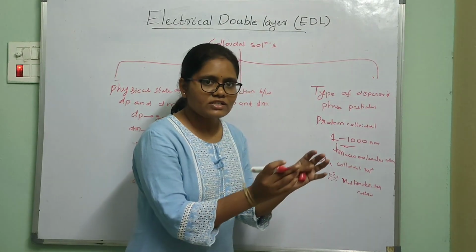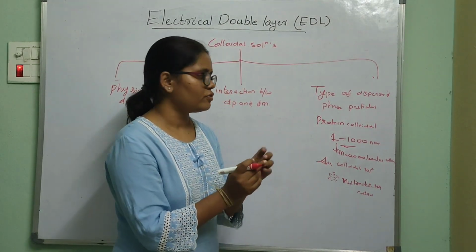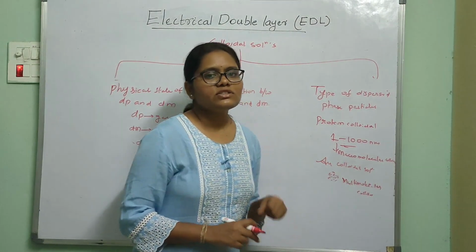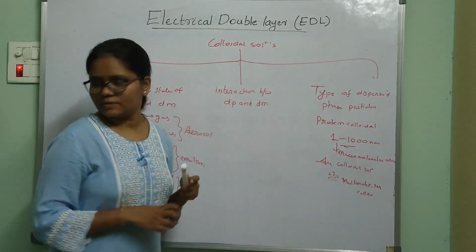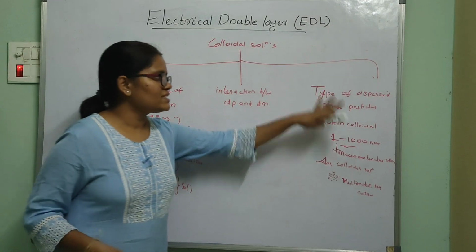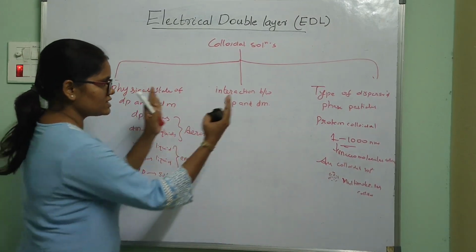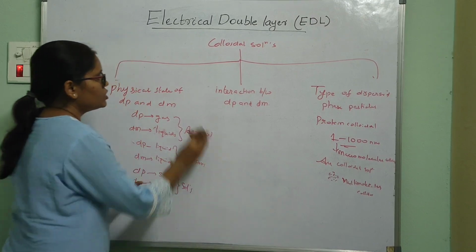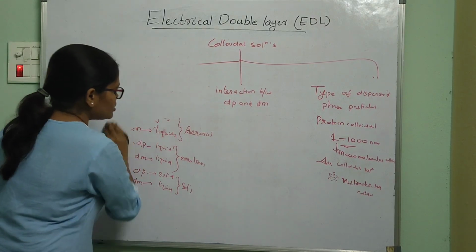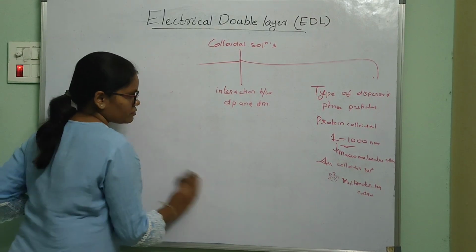If a large number of atoms aggregate to form a colloidal particle, such solutions are called multimolecular colloidal solutions. But we do not need even this classification. What we need is the classification based on interaction between dispersed phase and dispersion medium. So we are not going to pay attention to these two.